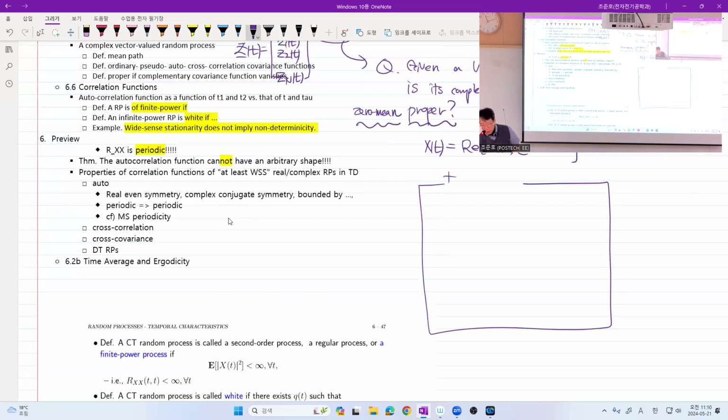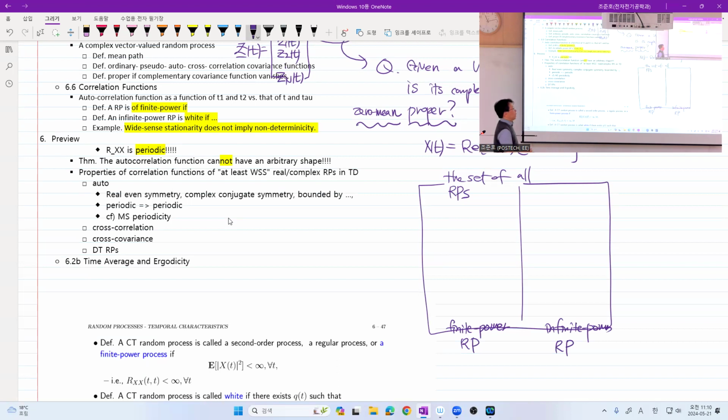So here goes the set of all random processes. And of course, there is a very small subset, but in order to exaggerate, because it's useful, we just divide it into two: finite power random process and infinite power random process.